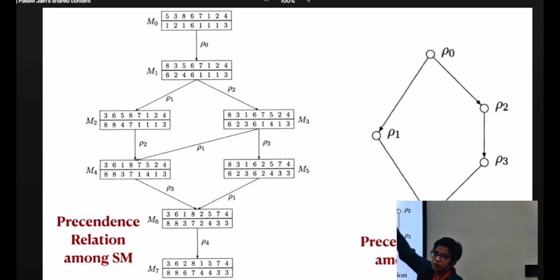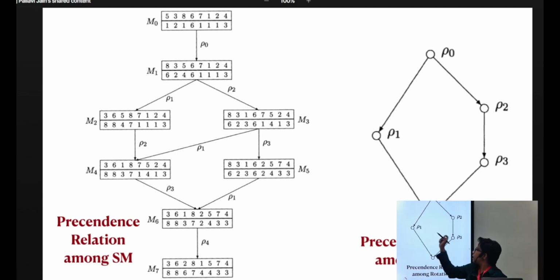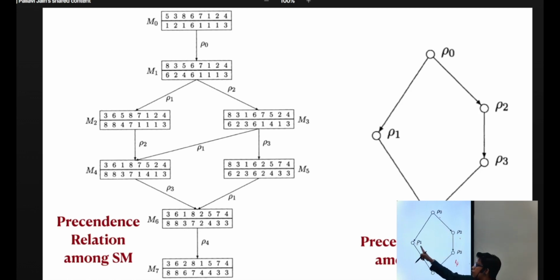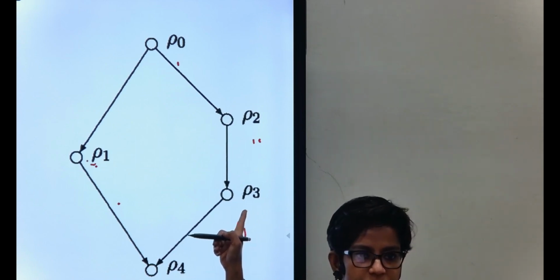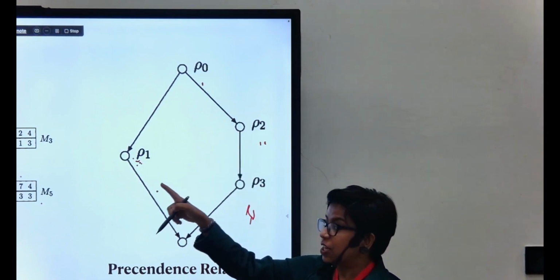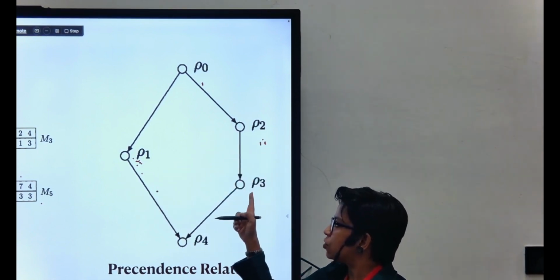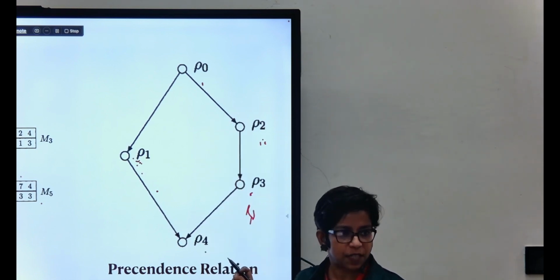Once rho 0 was eliminated, we got M1 and both rotations rho 1 and rho 2 became exposed. See, they are simultaneously exposed. After eliminating rho 2, immediately rho 3 becomes exposed. And once rho 1, rho 2 and rho 3 along with rho 0 have been eliminated, that is when rho 4 becomes exposed.